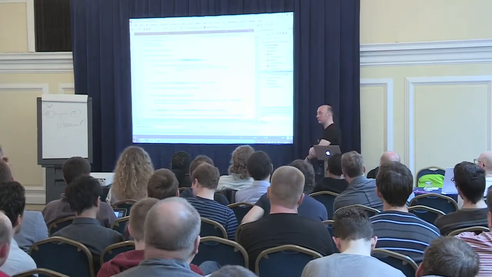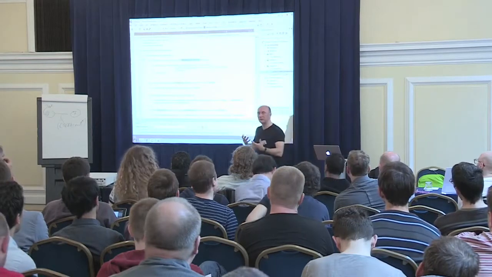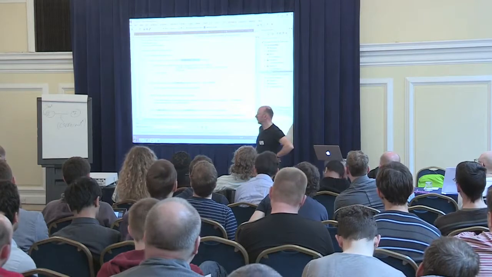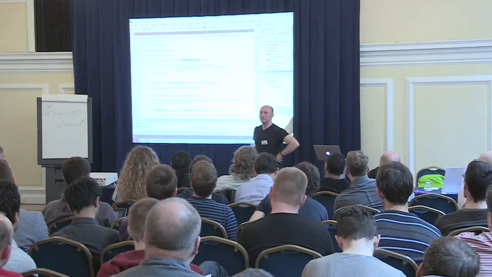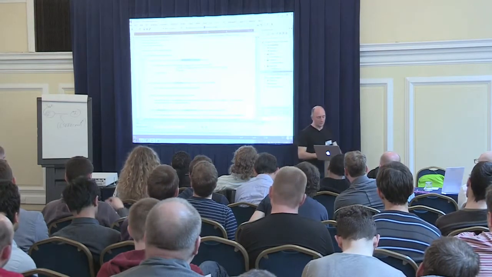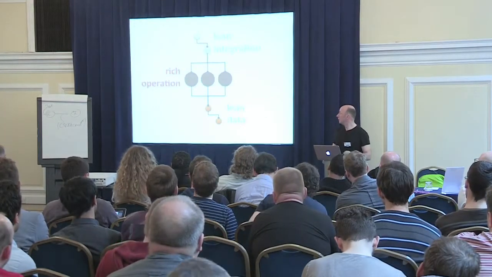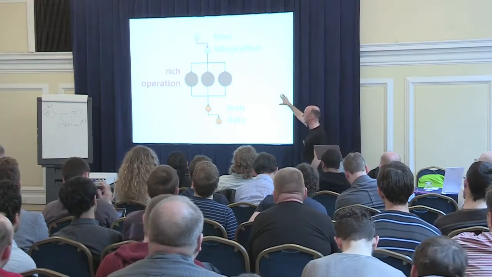And if I need to change my record format, it's clear, and the compiler will show me where I need to adapt my code. So that's the implementation of this picture here.